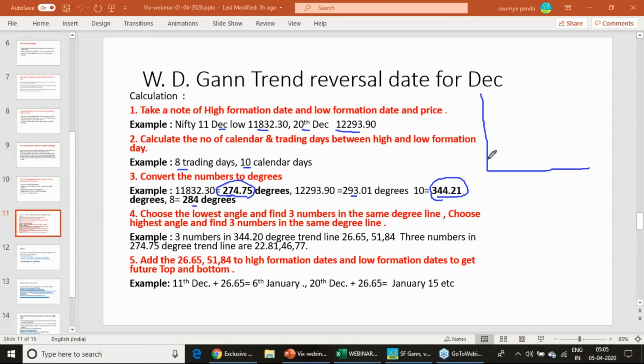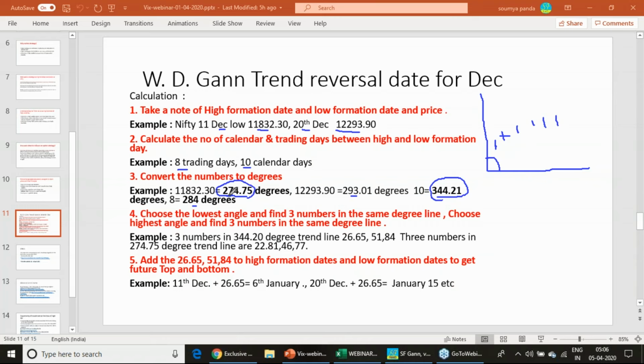You will see that there is a price time graph, whether you call it a line or candle chart, and this price time graph has only a 90-degree presentation. Then how can I draw a trend line which is 274 degrees, or a trend line which is 344 degrees? In this case, we have to understand a little bit of geometry.